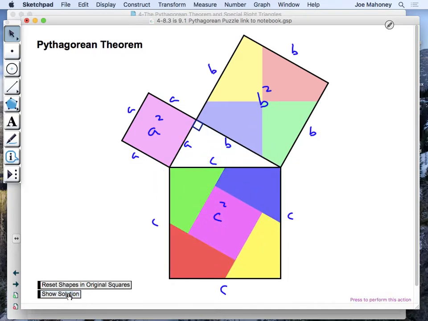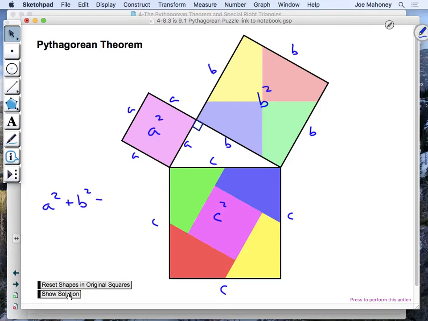Wow! Okay, besides the fact that shapes move and things like that, look at what we did. We took the regions that were colored, represented by A squared and B squared, and rearranged them in such a way to completely fill the square whose side length was C. So that tells us that if we added up all the different colors, we'd get A squared and B squared for their area.